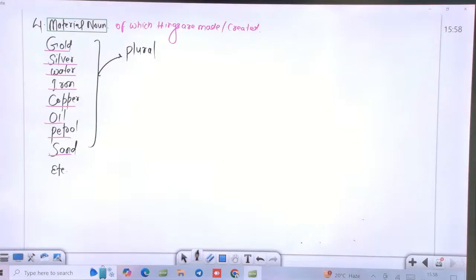But if we make them plural, their meanings change.